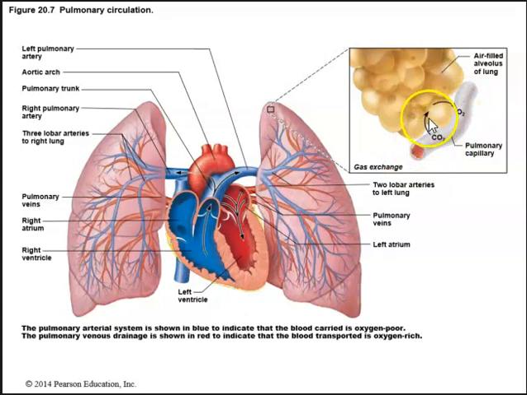So carbon dioxide is exchanged for oxygen. Carbon dioxide will travel back into the alveoli, whereas oxygen will travel into the pulmonary capillary. Again, this gas exchange allows for the exhalation of carbon dioxide and the inhalation of oxygen to be transported to the tissues and organs of our body.